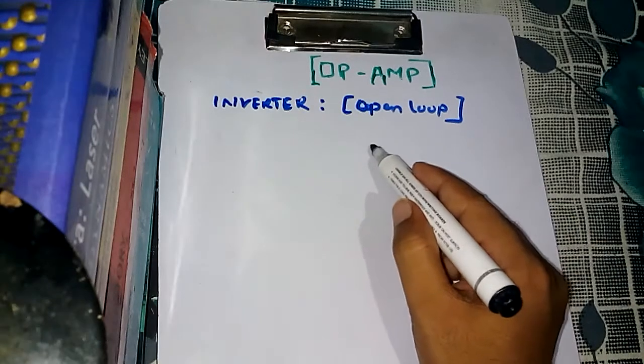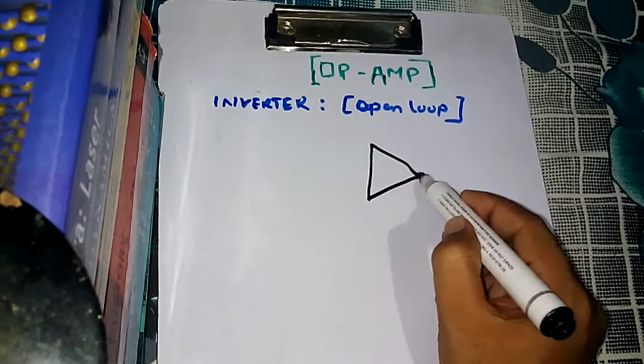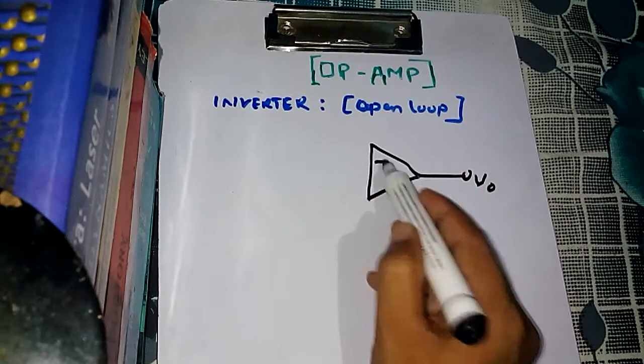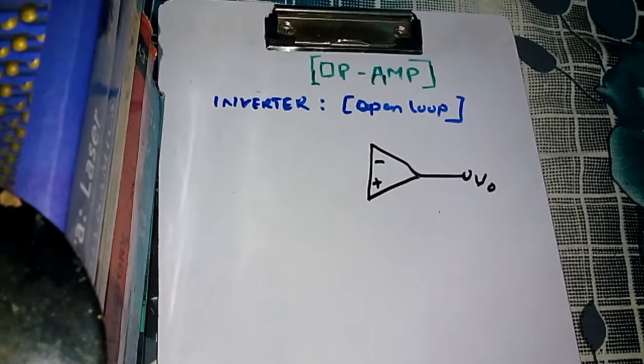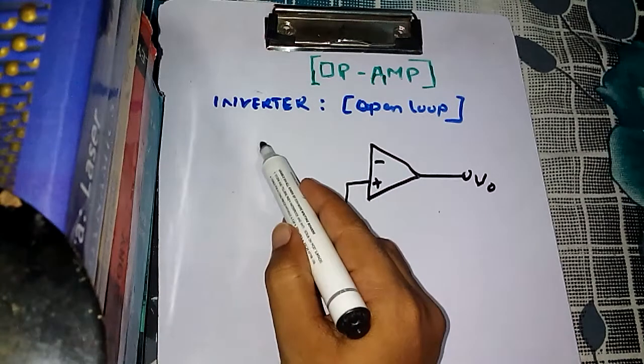It's like this: negative, positive, and the positive terminal is grounded. Then the input voltage.